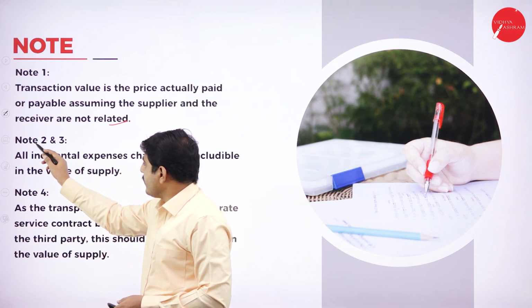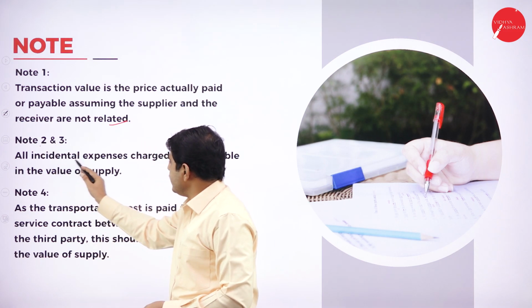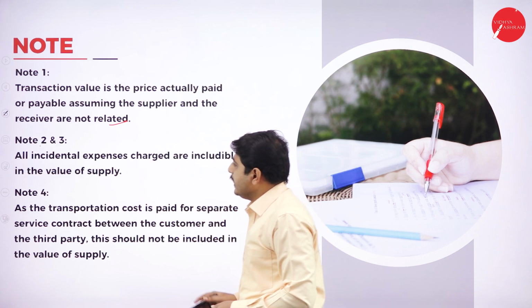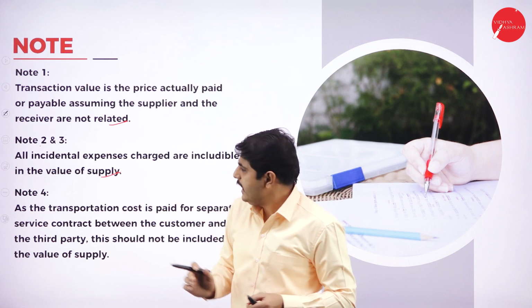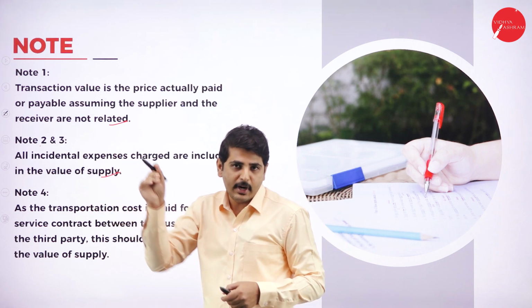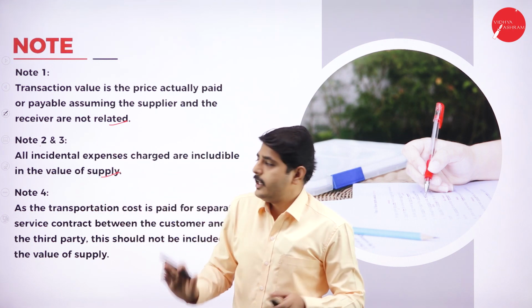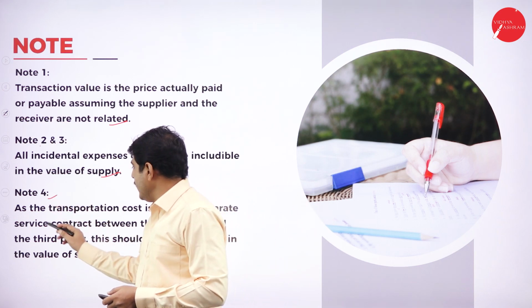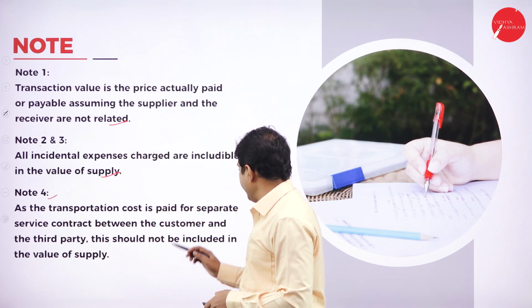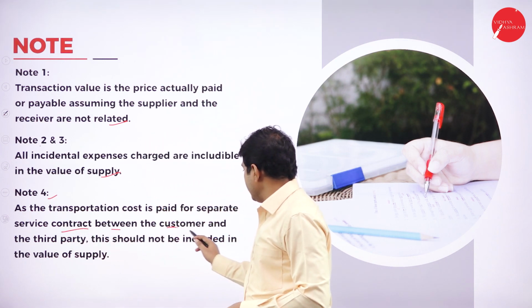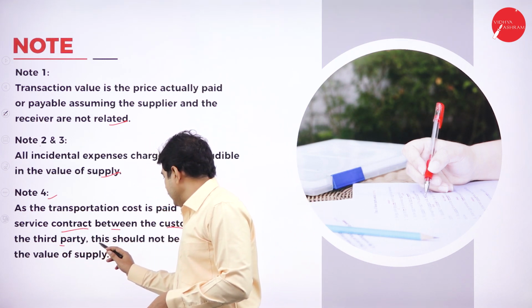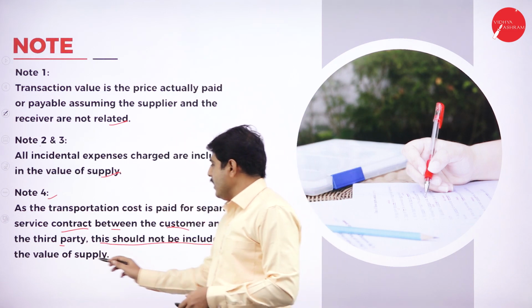Next one, note for second one and third one, all the incidental expenses charges are included in the value of supply. So while calculating the value of supply, any incidental charges we should include. If it is already included, we should not include it. Next one, the fourth one, as the transportation cost is paid for a separate service contract between the customer and the third party, this should not be included in the value of supply.